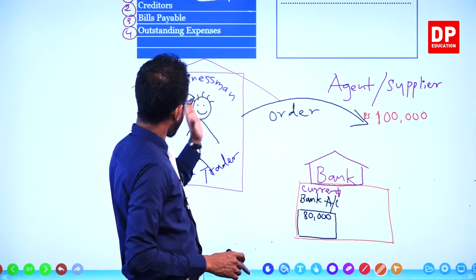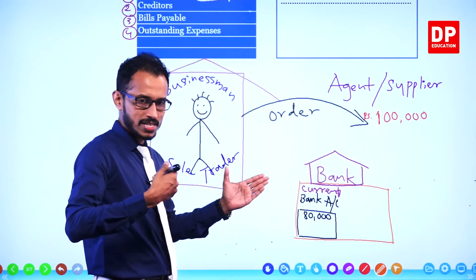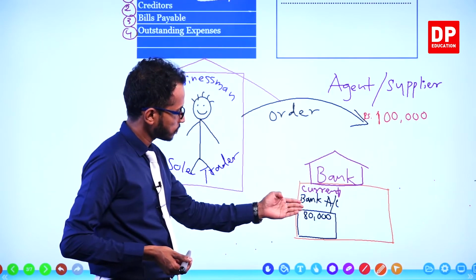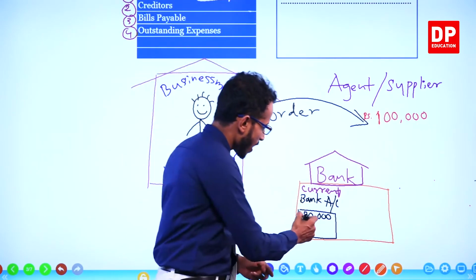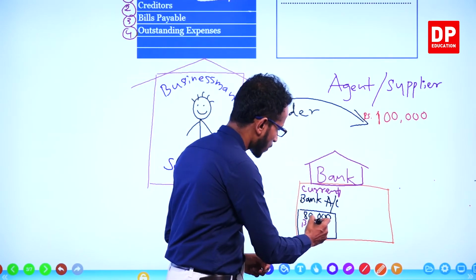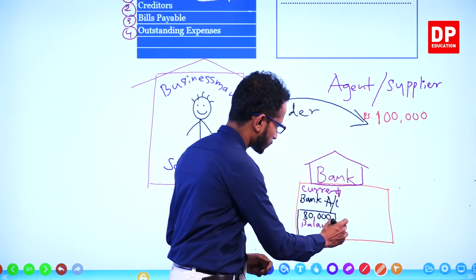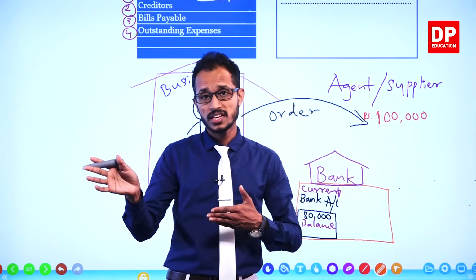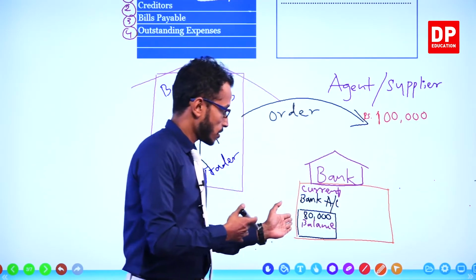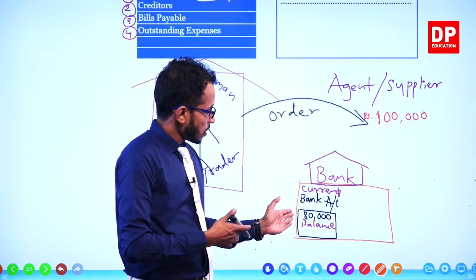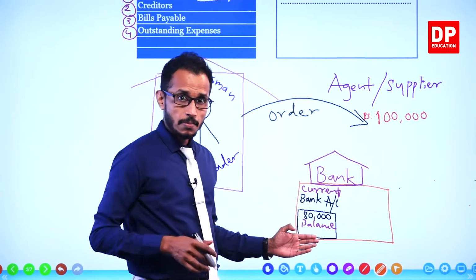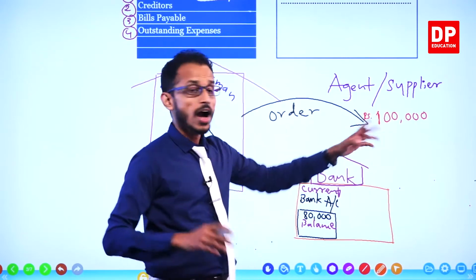As a businessman, I have a bank current account, and in the current account I have a balance of 80,000. You're going to learn about current accounts very soon in the coming lessons. For now, just think 80,000 is in the bank account and I have given a check of 100,000.